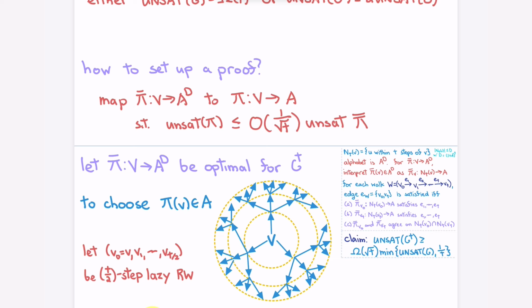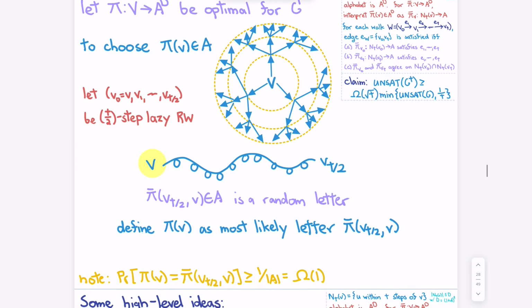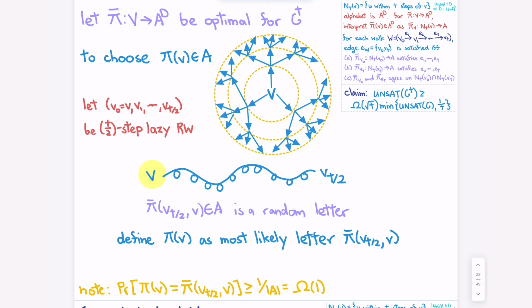So you could take a random walk from v and wherever you land, take that label. Or you can take the most likely label from this experiment. So what we'll actually do is we imagine taking a t over 2 step random walk, lazy random walk, from v, and we'll define pi v to be the most likely letter you find, right?